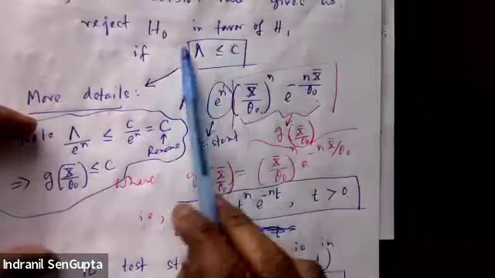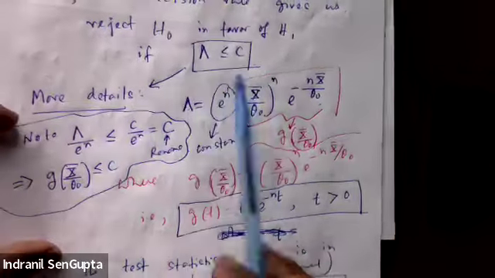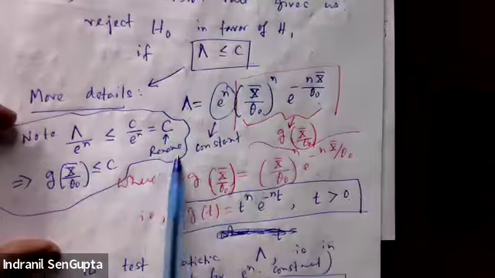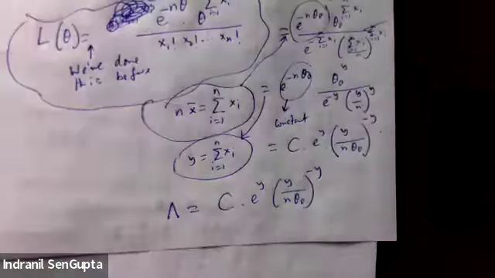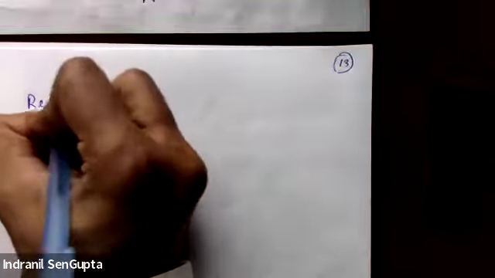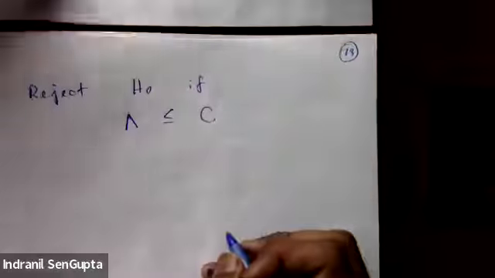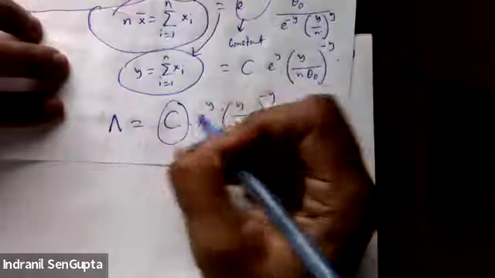Here, lambda less than c is the same as if I divide that lambda by the constant and work with that. So I'll be using the same procedure. So we reject H0 if lambda is less than some c.